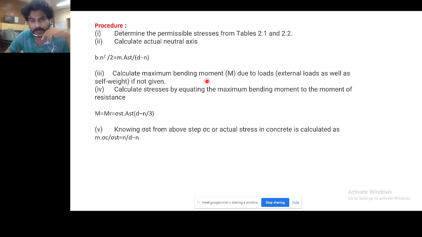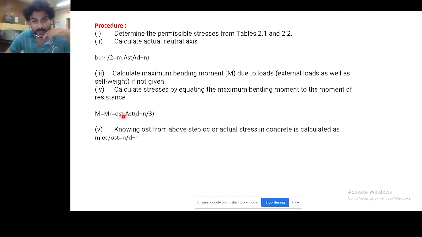Calculate the maximum bending moment due to the external load as well as the self weight if not given. Then equate the maximum bending moment to the moment of resistance, which is sigma ST AST into D minus n by 3.